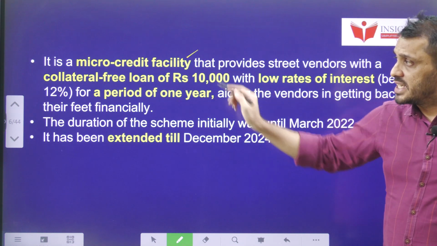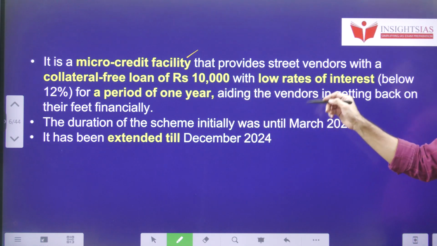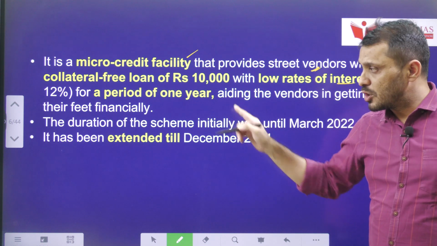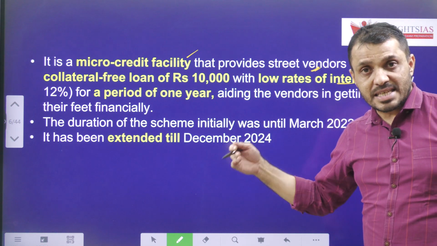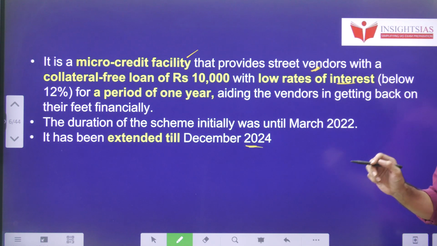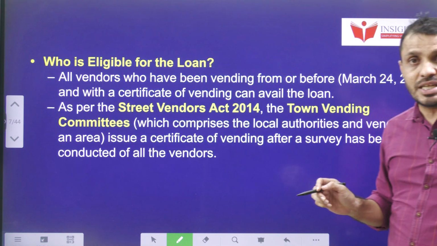It is a microcredit facility. In this facility, a collateral-free loan of 10,000 rupees will be provided at a very low rate of interest for a period of 1 year. Recently, the scheme was extended till 2024. Initially, this scheme was supposed to last till March 2022.